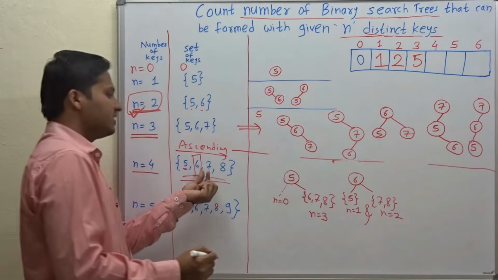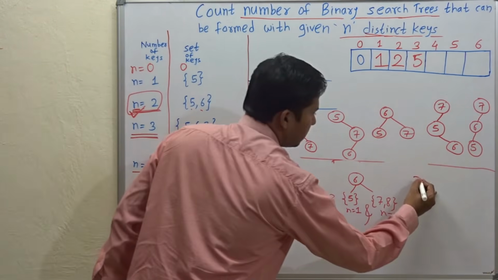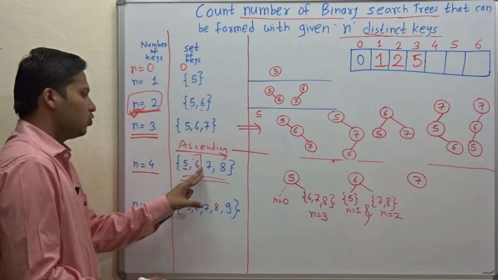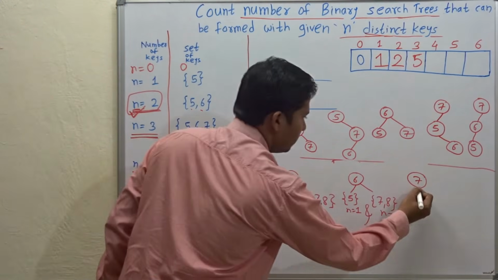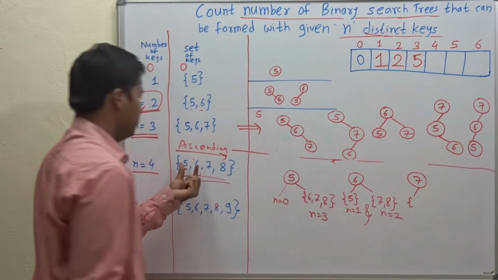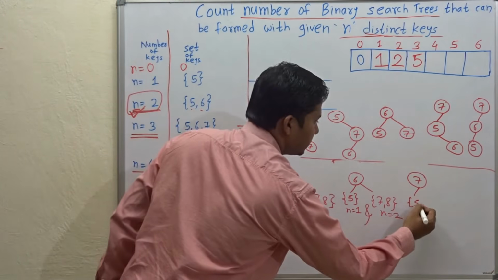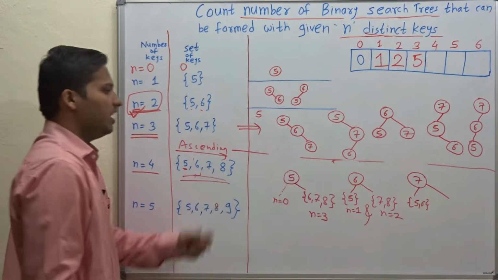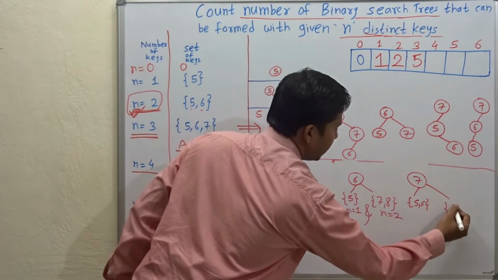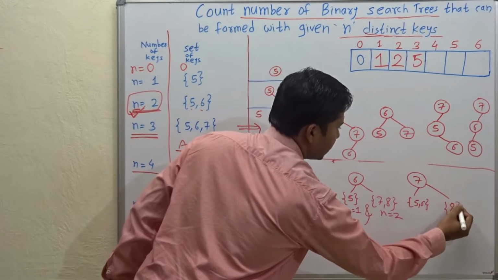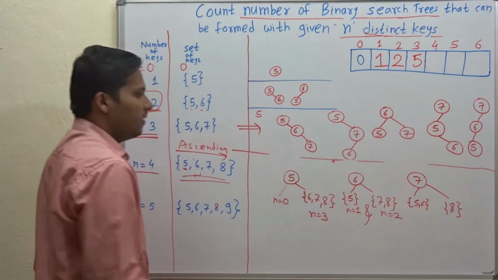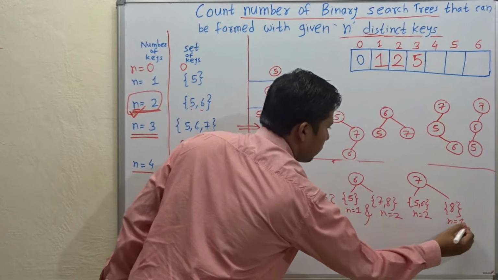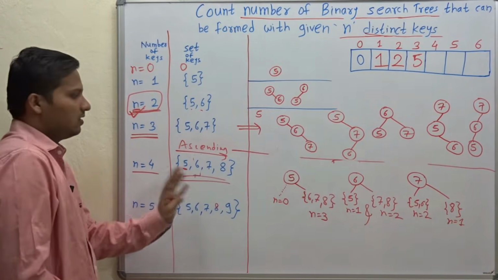Again, let's make 7 as the root. Then there will be two elements on the left side, 5 and 6, and one element on the right side, that element is 8. Okay, so n equal to 2 and n equal to 1, right?